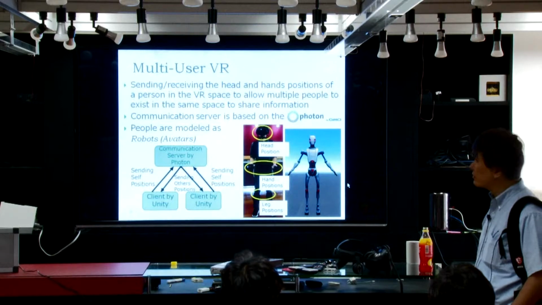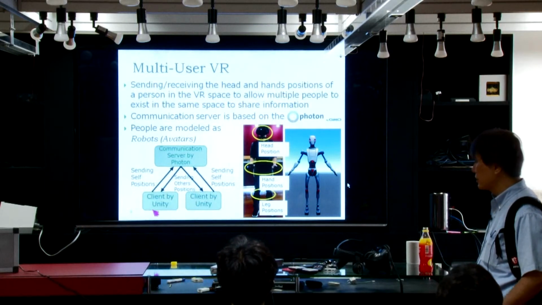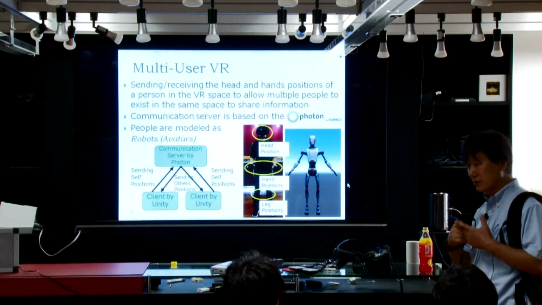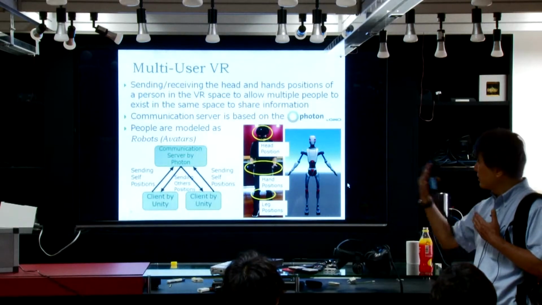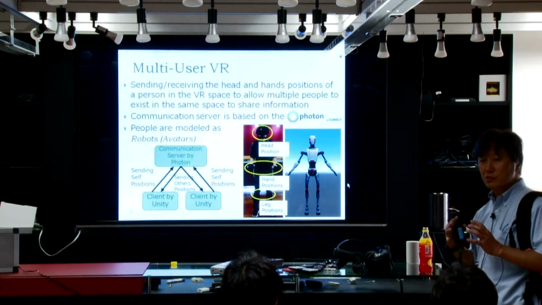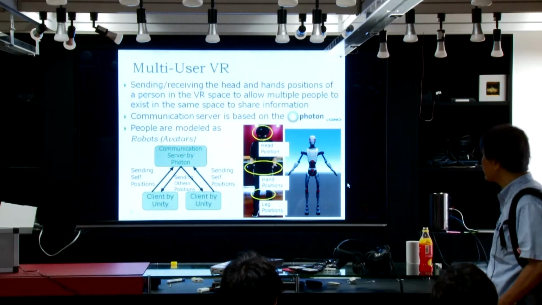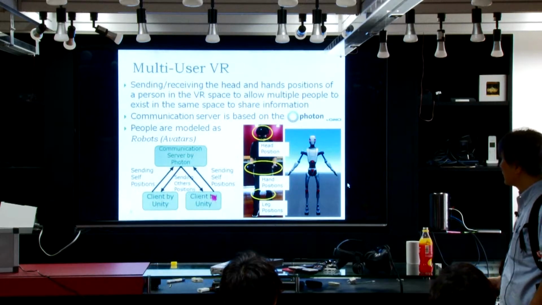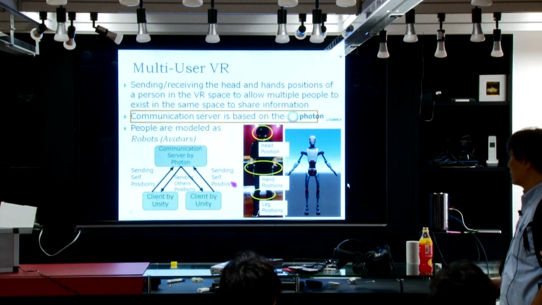Another topic is multi-user. In this case, each user has their own VR system, connected by network, and transmitting position and orientation data to the other users. Then each user's position is shared. The communication server is based on Photon server.